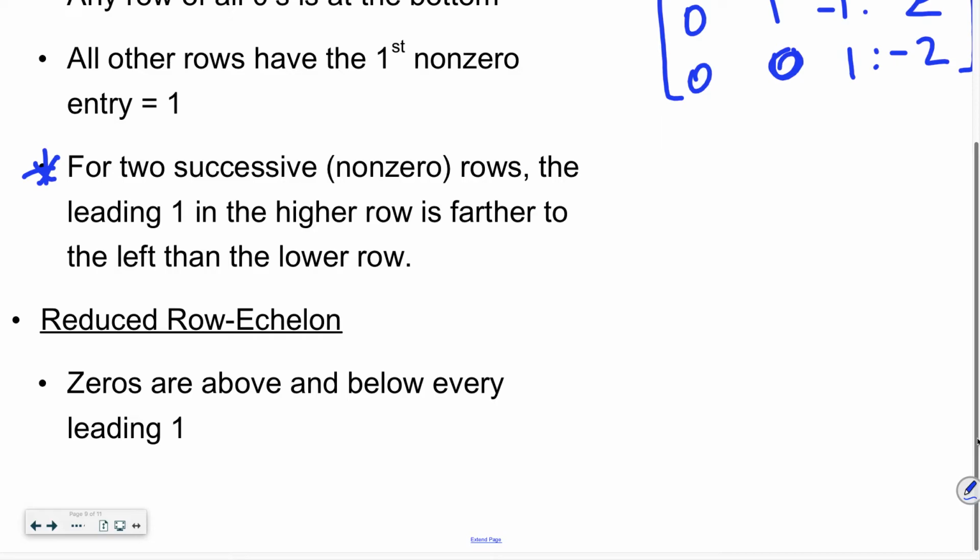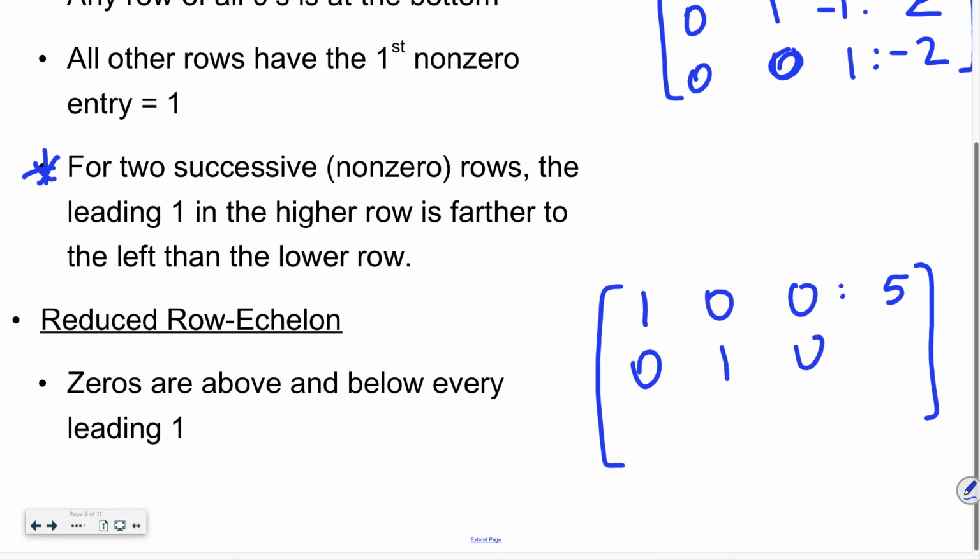So wherever there's a 1, there's a 0 above it or below it. Why would that be nice to have?